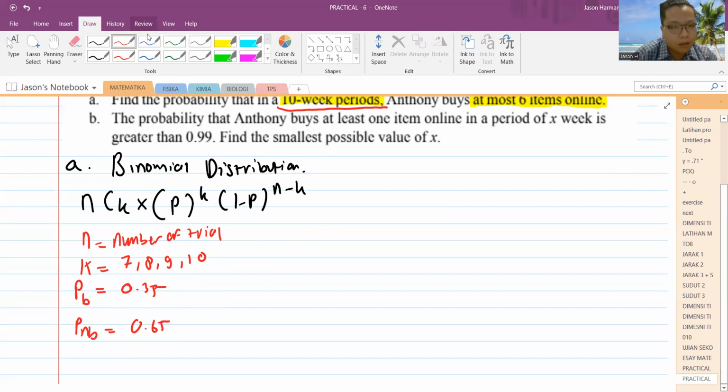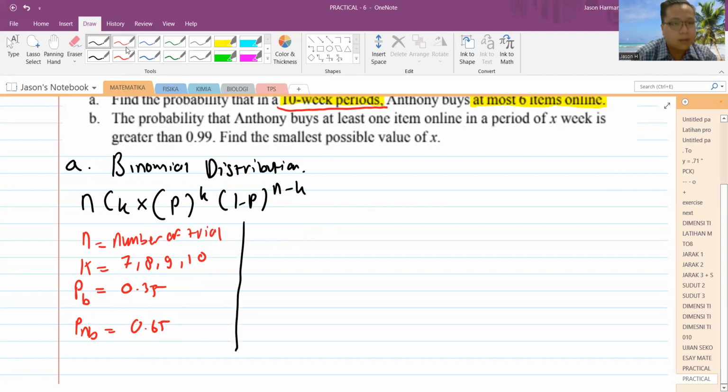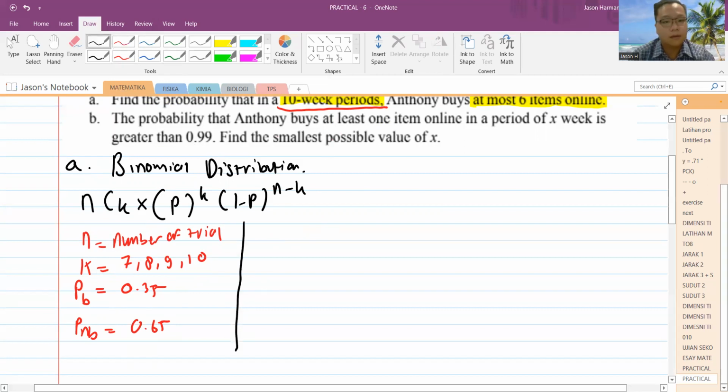Okay, now that we have got all of the information and the forms, we just input everything into the binomial distribution.